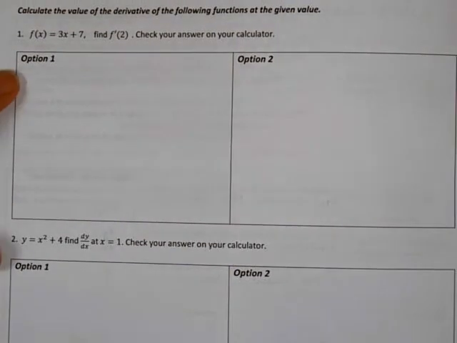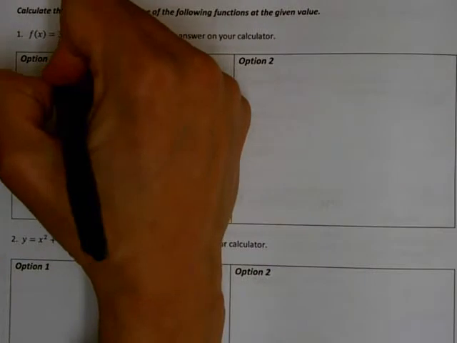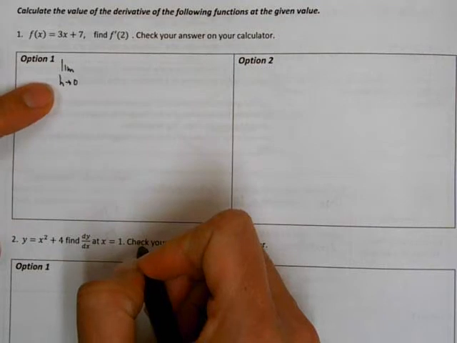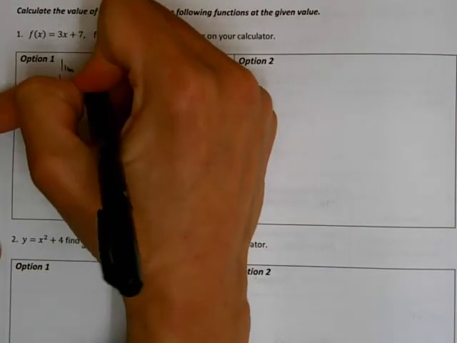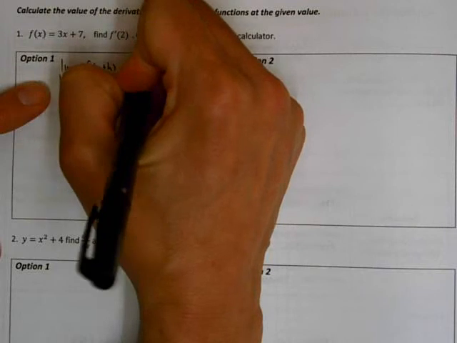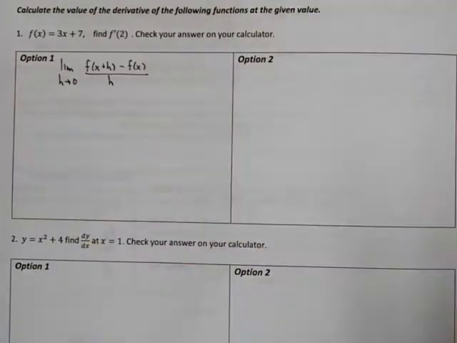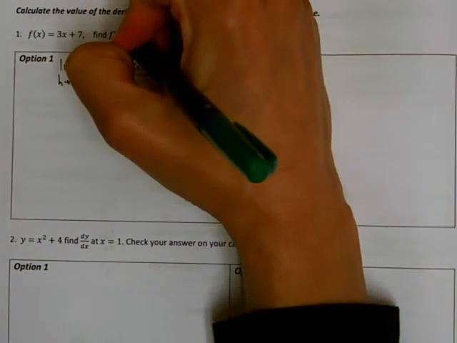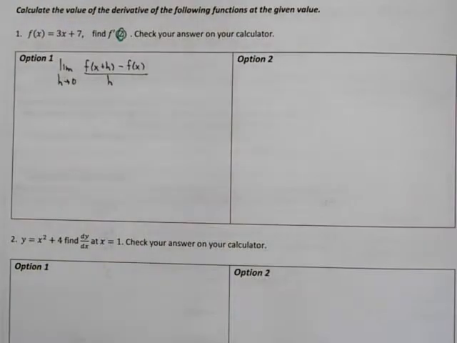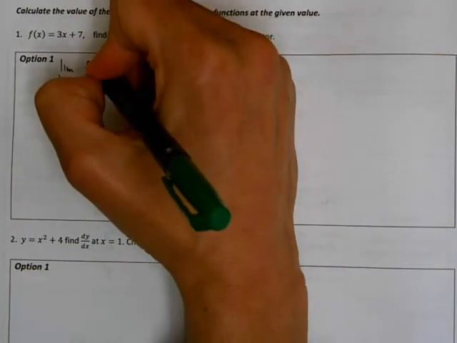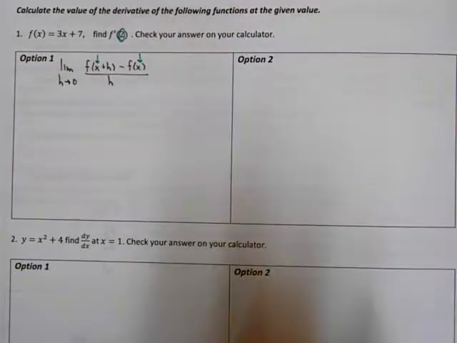So let's look at option 1. So I'm going to write my general formula here. My limit definition said that it's a limit as h approaches 0 of f of x plus h minus f of x all over h. So in this case, since I'm finding f prime of 2, that means I'm going to substitute that in everywhere I have an x.